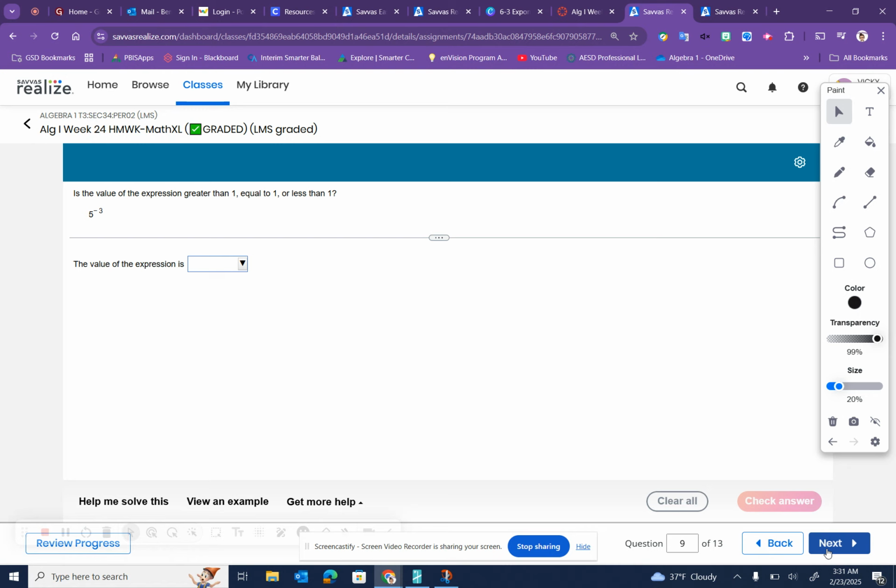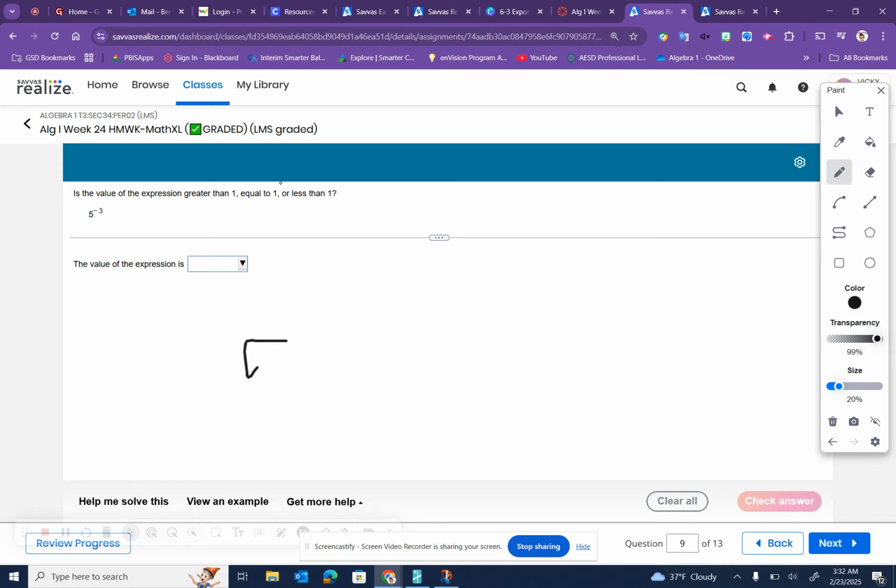Here we want to determine whether the value of this expression is greater than 1, equal to 1, or less than 1. Anytime it has a negative exponent, we're going to use the negative exponent rule.